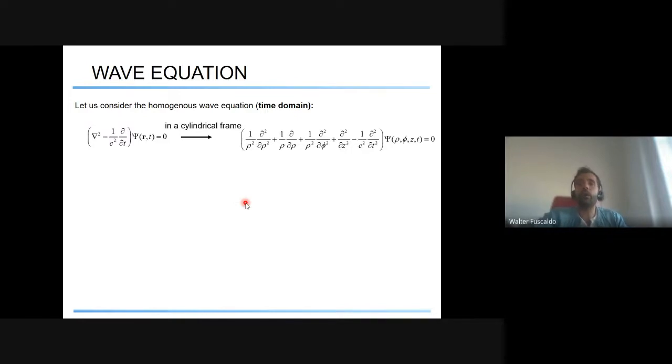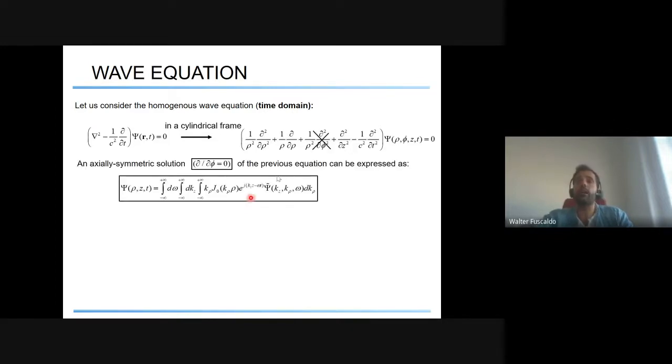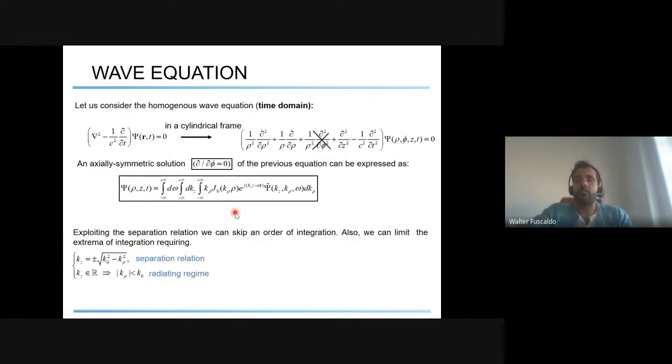If we now assume, for simplicity, that our system is axially symmetric, we can skip the integration with respect to the phi variable, and the previous equation simplifies as shown below, where now we also have a Bessel function of zeroth order instead of an nth order Bessel function. Now we can further simplify this integral relation by exploiting the separation relation between the vertical and the radial wave number.